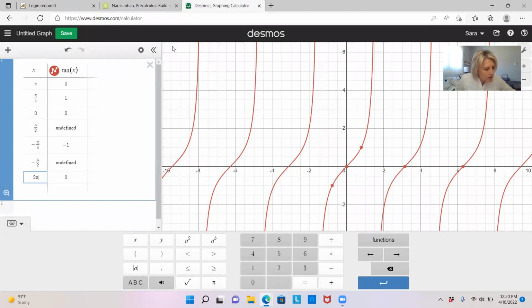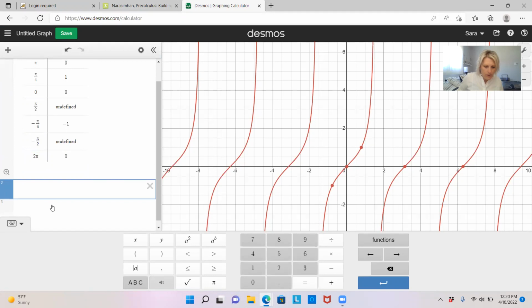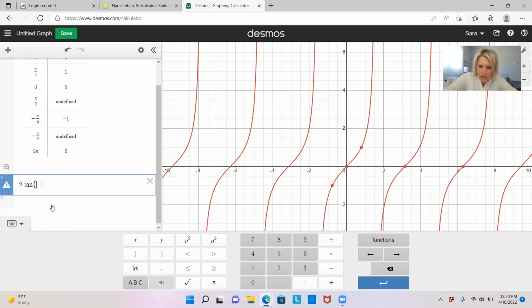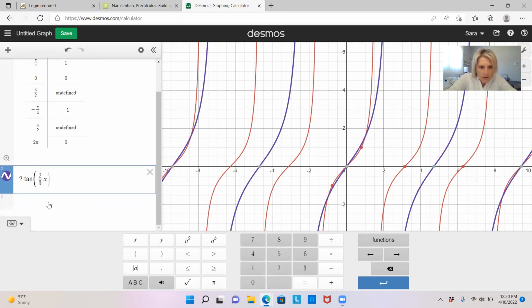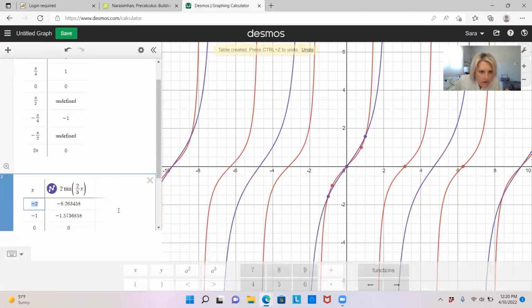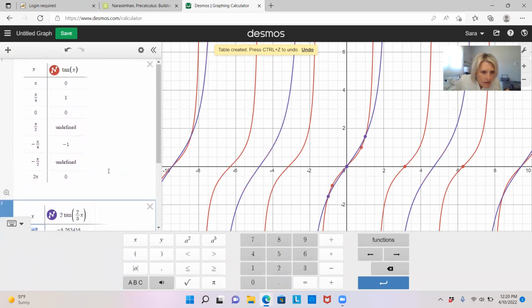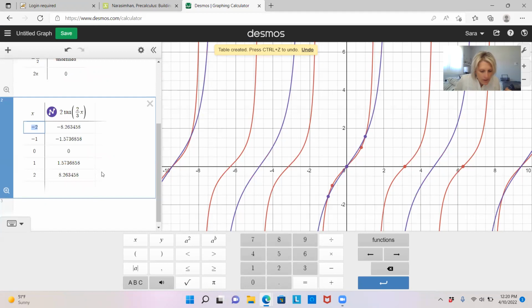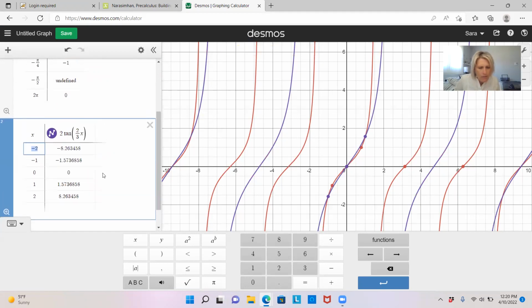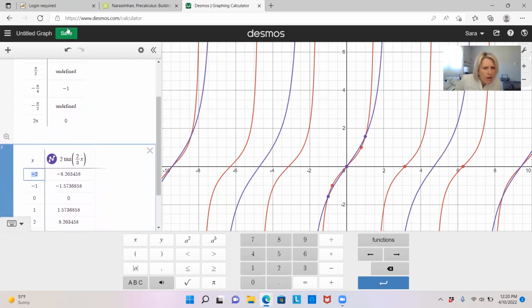So the one I played with here, I played around with 2 times the tangent of 2/3 x. So mine is just about the same.